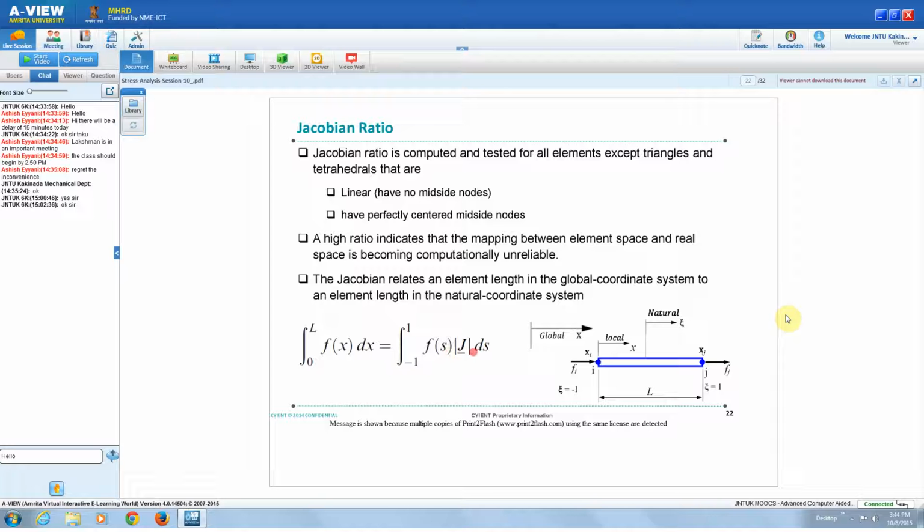So basically this Jacobian factor is used to convert between the coordinate systems. When we need to convert the global coordinate system into natural coordinate system, we need to have the Jacobian. This Jacobian will go the other way as an inverse. That's why we need to check that determinant.